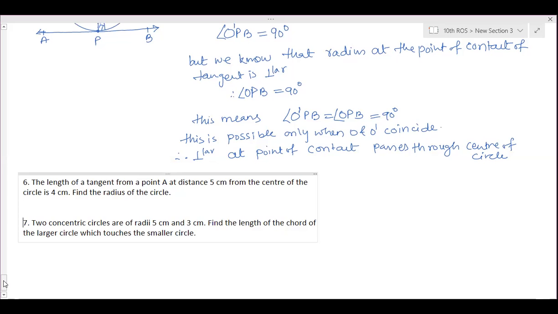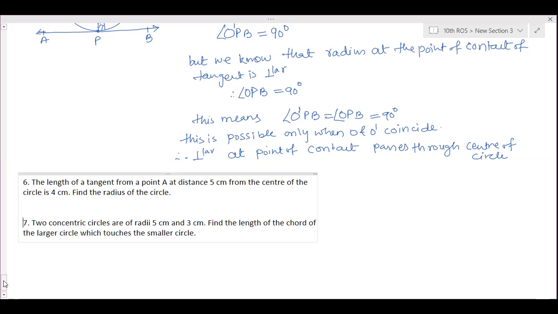The sixth one is 3 centimeters. Yes, right. Seventh one.